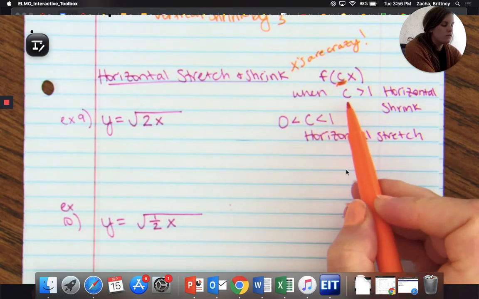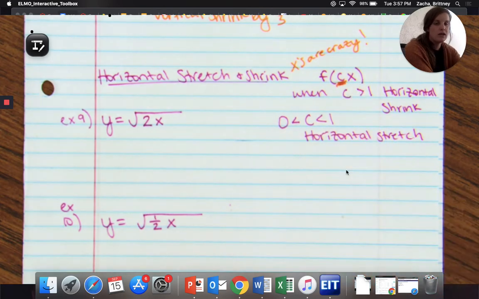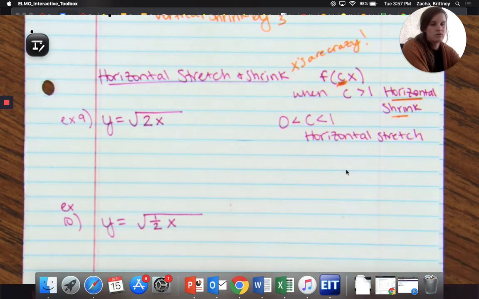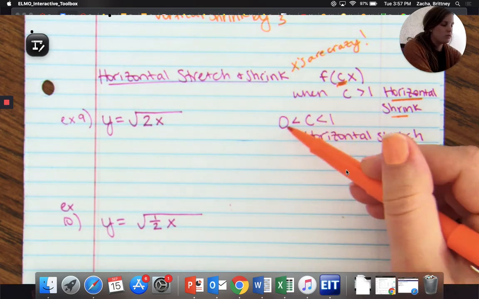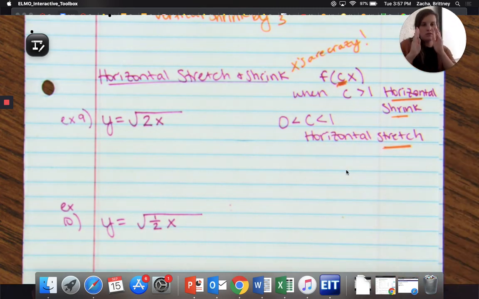If your C, your constant, the number being multiplied directly to the x, is bigger than 1, it's a horizontal shrink. So it actually takes the function horizontally and compresses it. And then if it's between 0 and 1, it horizontally stretches it. So it actually takes it and stretches it out horizontally. Kind of weird, kind of crazy.